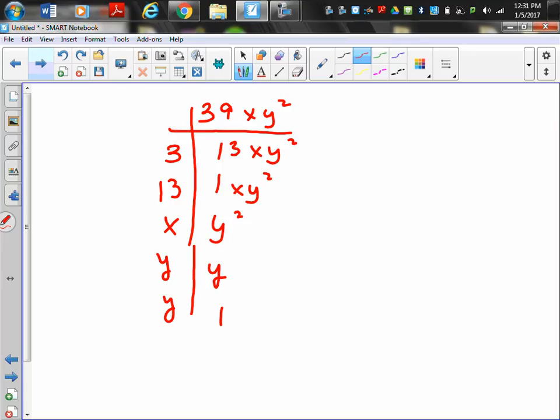Any more questions? So the whole thing is you want this to multiply to be this. Then you want the second one to multiply to give you that number. This is a whole lot of writing.